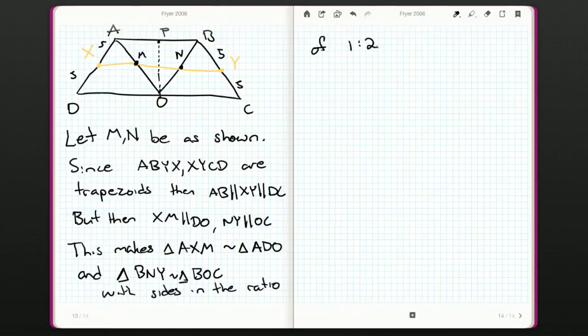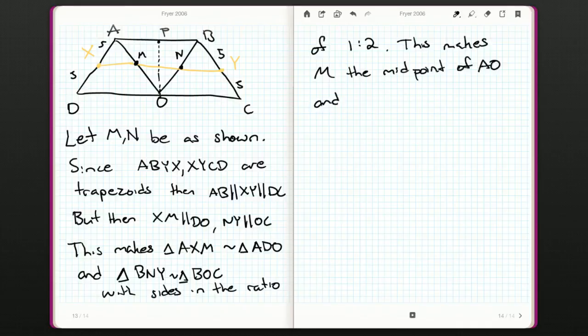So the sides are in the ratio 1 to 2. Right, the side length BY, we double that to get its corresponding length BC. So side length BY doubles to give us BC. So in this way, we can see that M and N are going to be midpoints.